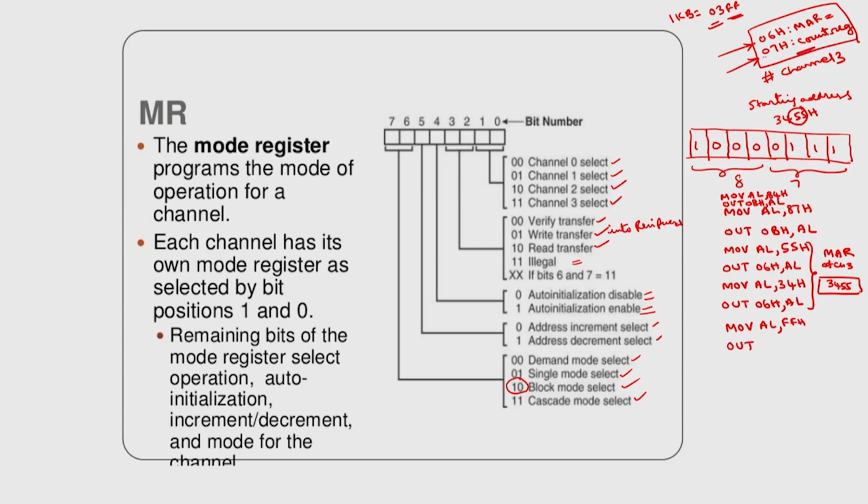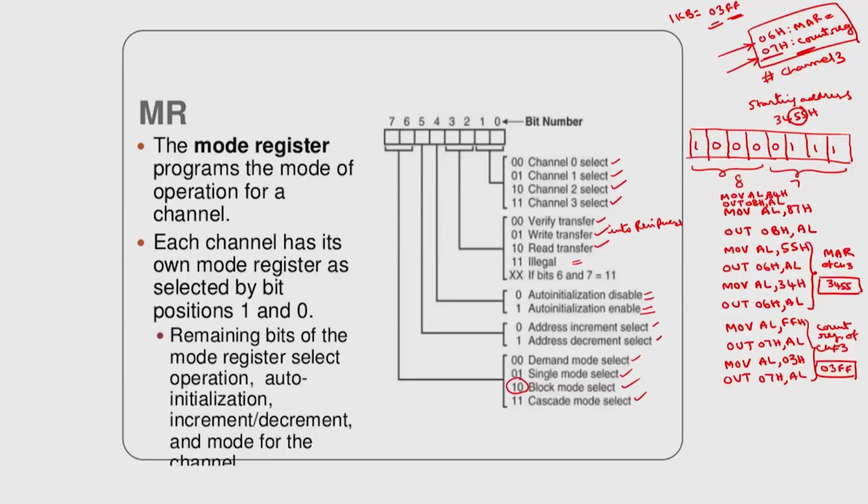The address of the count register is 07 for channel 3. So, 07H comma AL, move AL comma 03H, out onto 07. So, this will load the count register of channel 3 with 03FF.